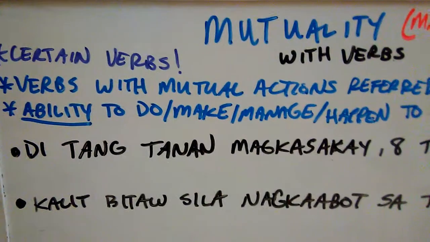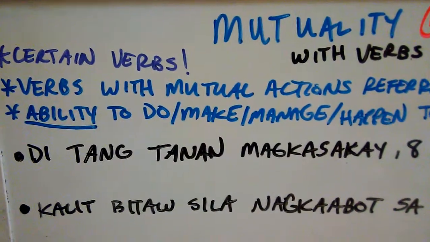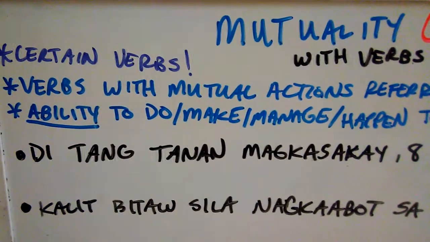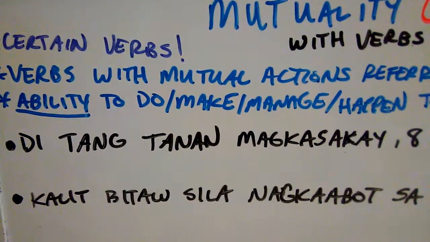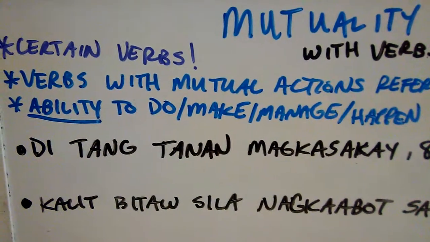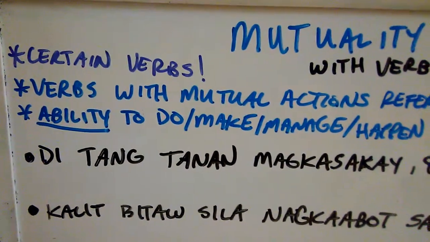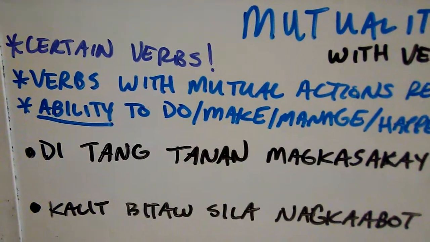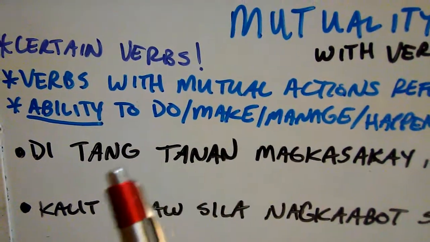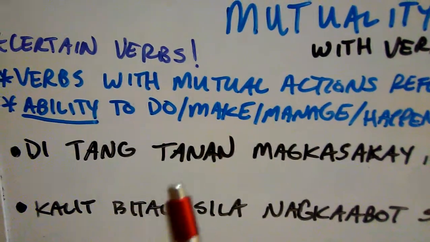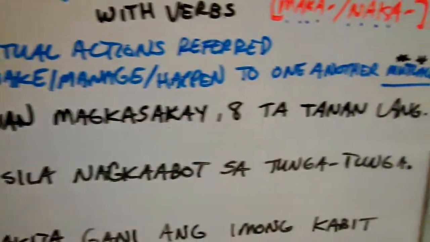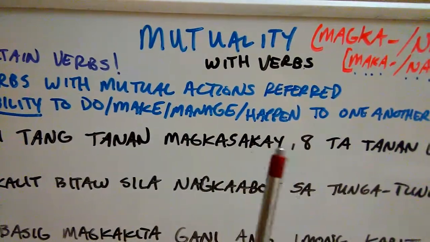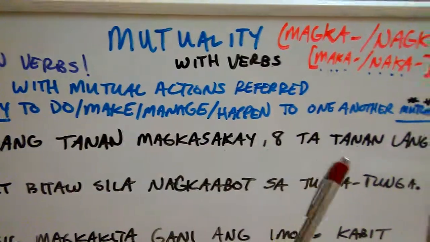These verbs have to show that a mutual action can happen, so only specific kinds of verbs that express mutual actions can be used. And lastly, it's the ability to do, manage, or happen to one another mutually.